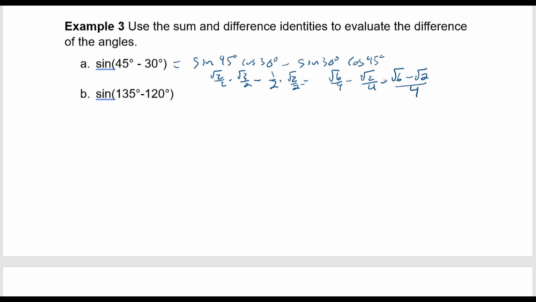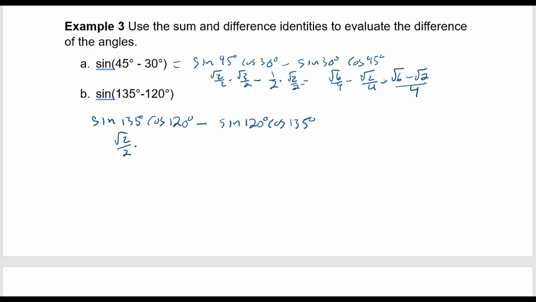Then sine of 135 minus 120, it's going to be sine of 135 cosine of 120 degrees minus sine of 120 degrees cosine of 135 degrees. So sine of 135 is going to be, that's second quadrant, sine's positive, square root of 2 over 2.